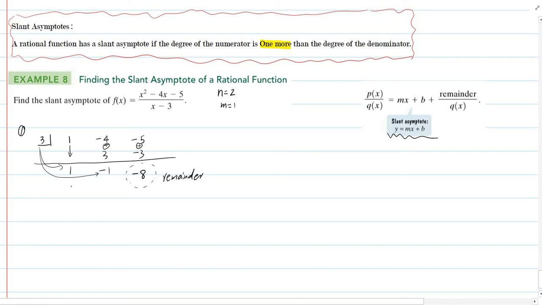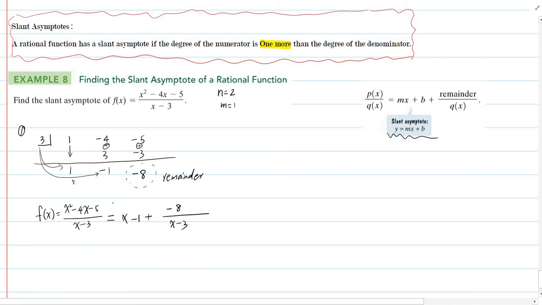So I can rewrite this as f of x equals x squared minus 4x minus 5 over x minus 3. This is going to be equal to x minus 1, then plus my remainder, -8 over x minus 3.